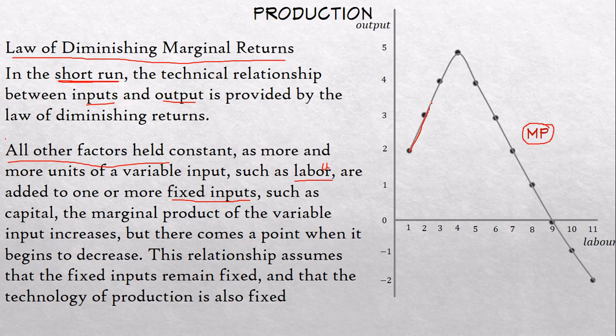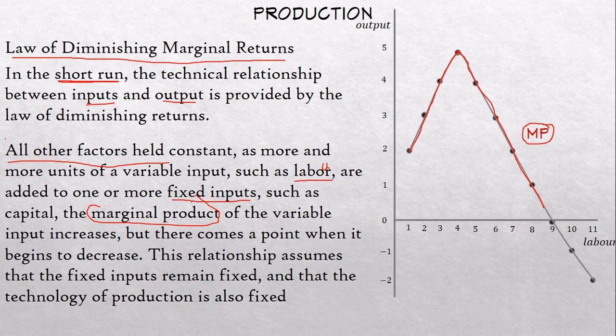It will increase and increase, and it will get to a point where now my MP will start decreasing. Okay, so that is all that the law is saying. So if we keep on adding a variable input to one or more fixed inputs, the marginal product, it just talks about the marginal product.